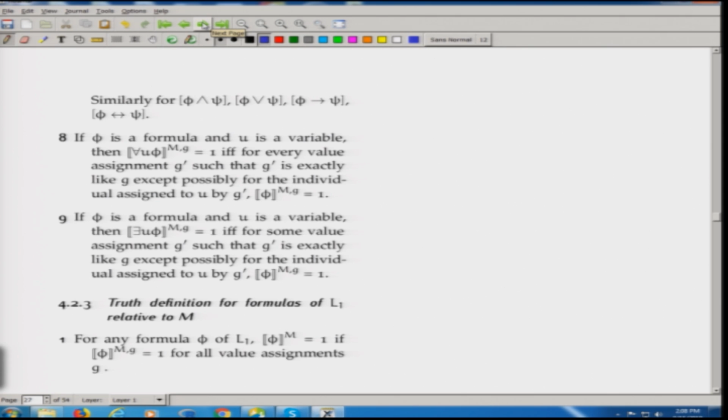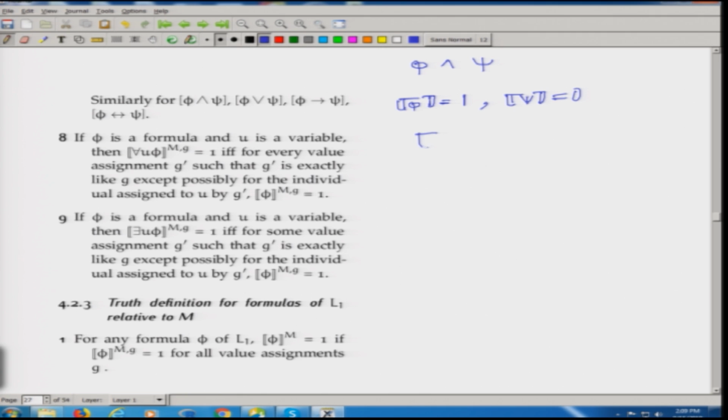Similarly, for all these things. Why is this similar? Because we know the semantics of it. We have already seen the usage of this. So, we may just look back once again, just revisit the rules we did already. So, actually phi and xi, for example. Suppose the denotation of phi is 1 and the denotation of xi is 0, what will happen?